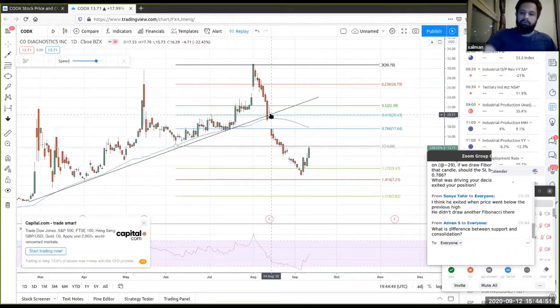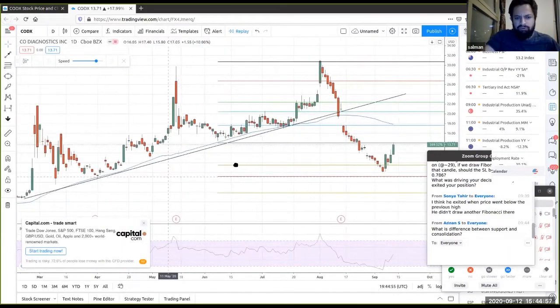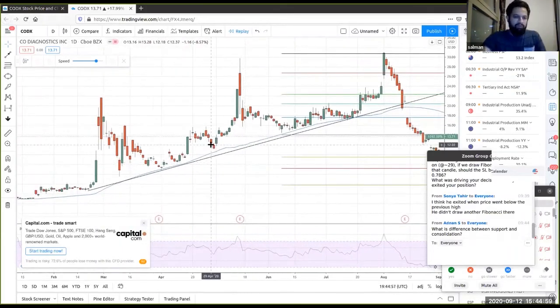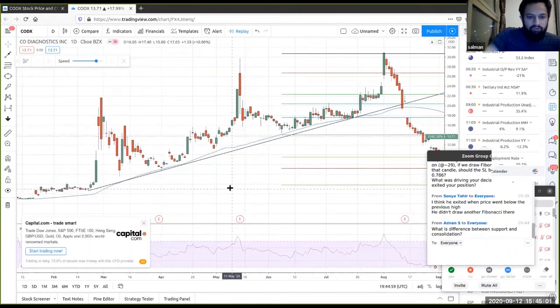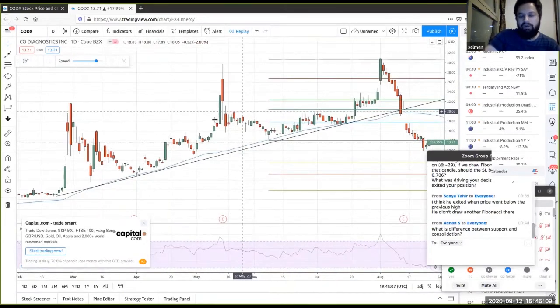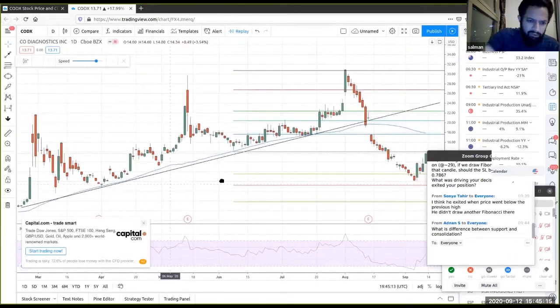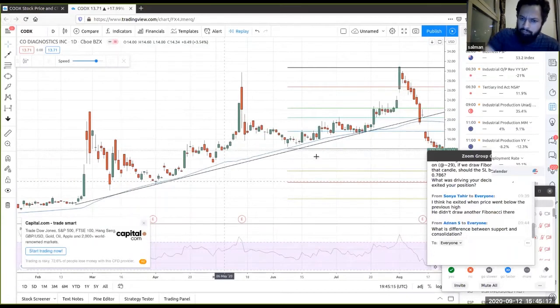Yep, another good question. What is the difference between support and consolidation? Let's see. I had a plan to talk about consolidation, but I forgot about it. So a resistance or a support is when the price takes time at a level. I don't have a very good example of support here.